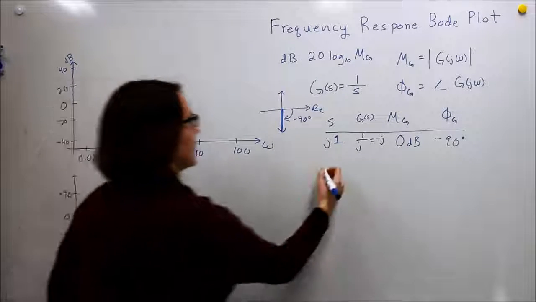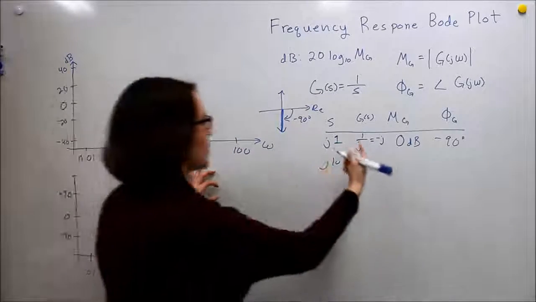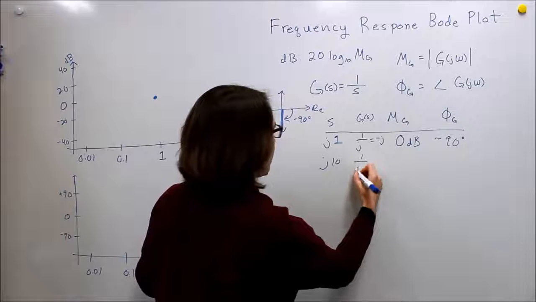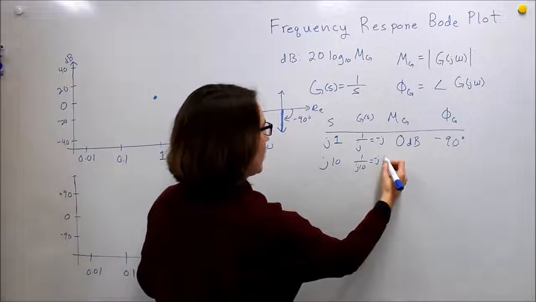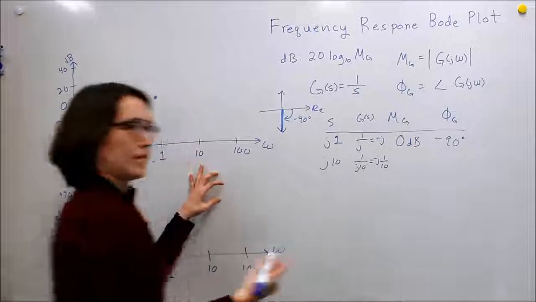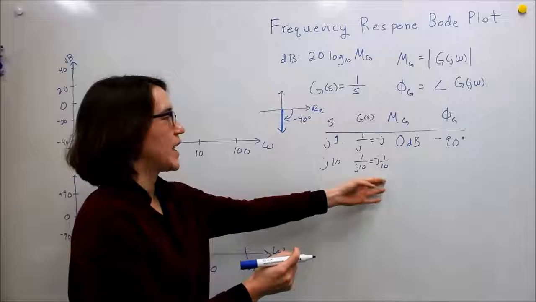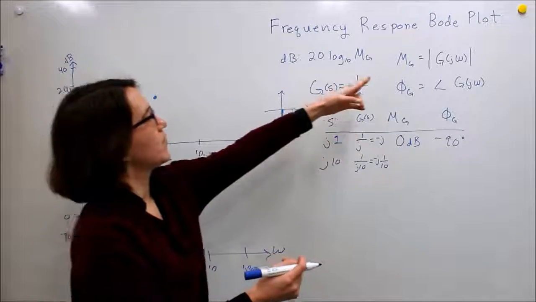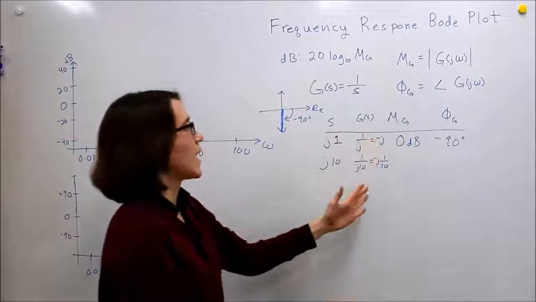Okay, so let's do, again, now 10. So we'll do j10 as s, which means we get 1 over j10, which is going to be negative j1 over 10. Okay? So if we look at the magnitude, that's 1 over 10.